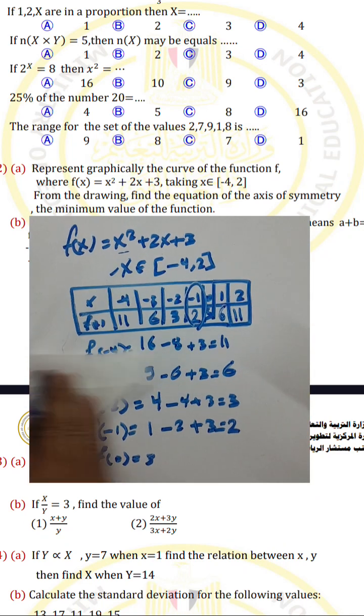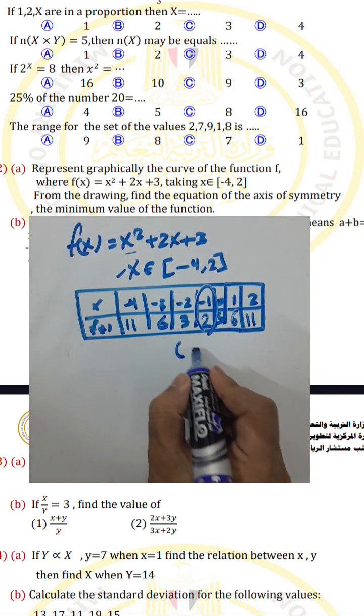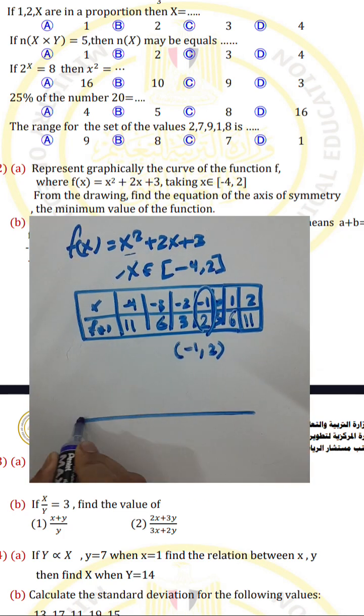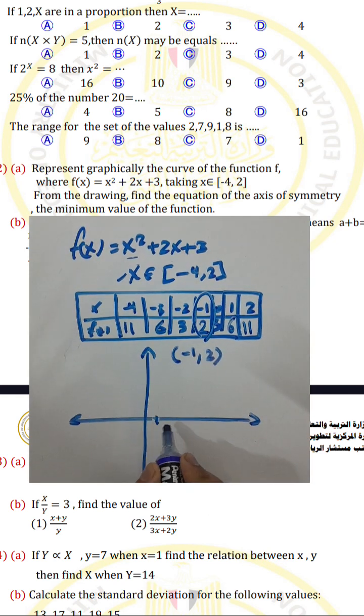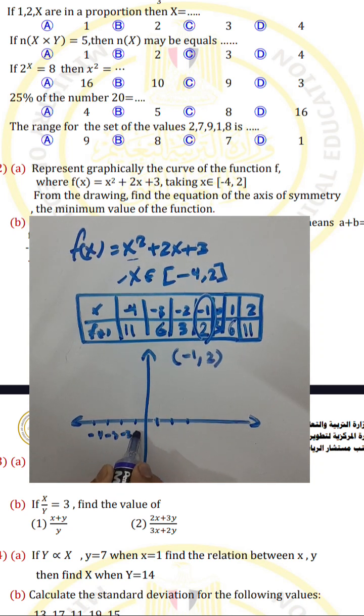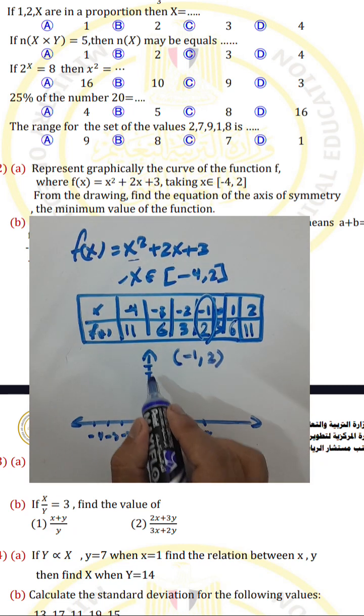Here, -1 and 2 is the vertex, then 6 and 11. Okay. Then we have here the vertex of this function. It will be -1 and 2. And then you can draw the x-axis and y-axis here from -4, -3, -2, -1, 1, 2, 3, 4. The image of -4 will be 11.